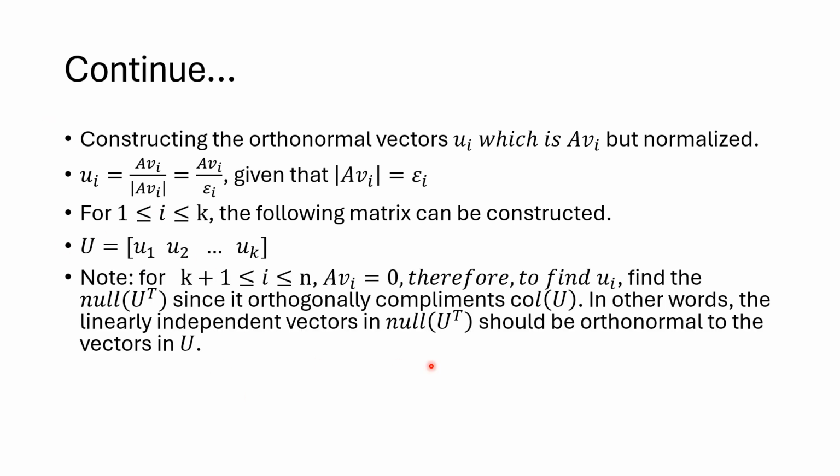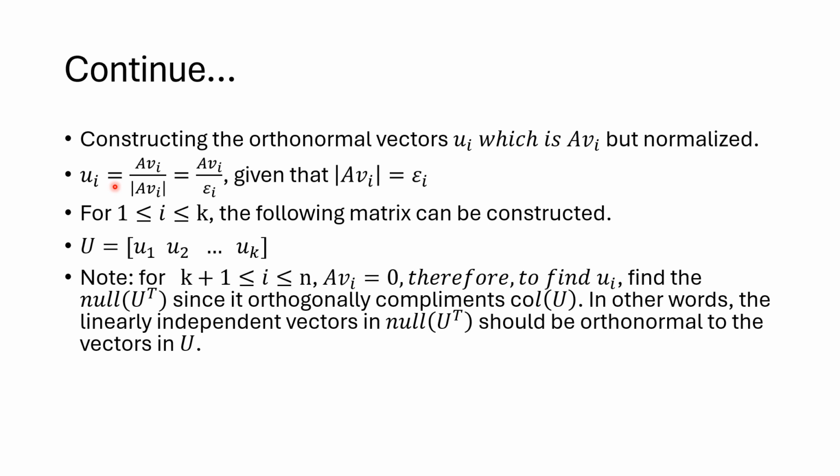So in order to do that, what we can do is consider the values of i, right? We have the vector ui, right? So consider these values i after the value k, basically between k plus 1 and n, consider those corresponding vectors u.